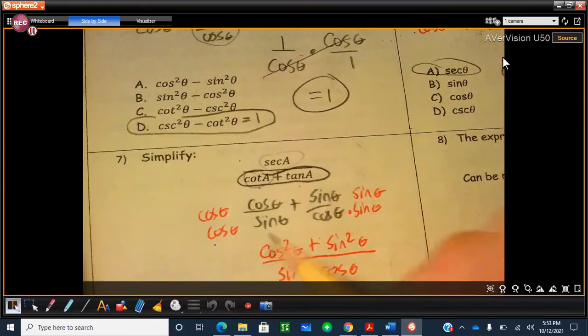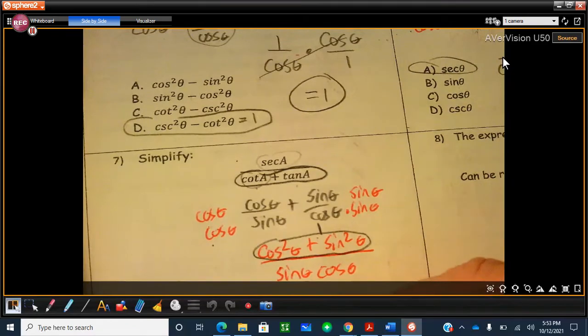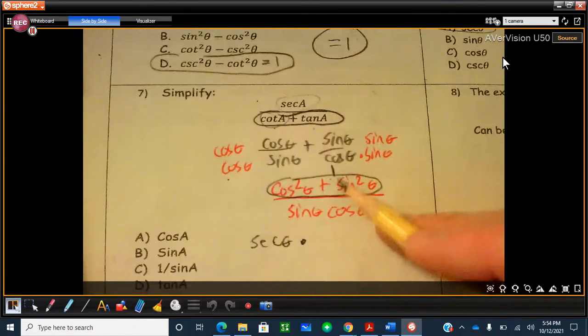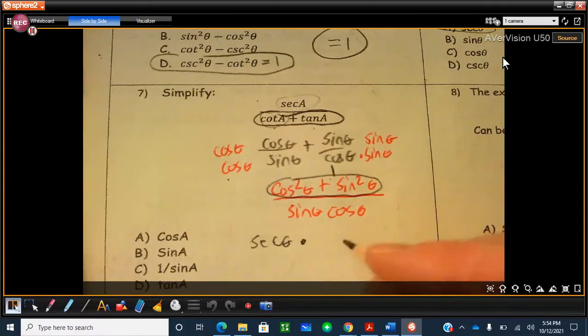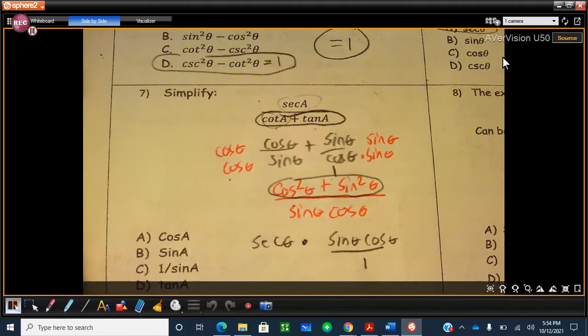Now if we remember, this part is really equal to 1. So when we write this, we've got secant theta divided by that, so we're going to say times, and flip it. When we flip it, we get sine theta cosine theta all over 1.